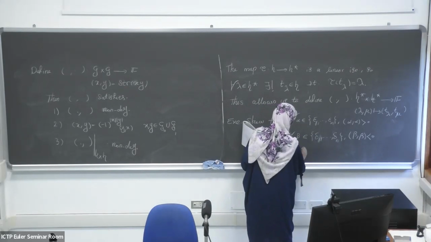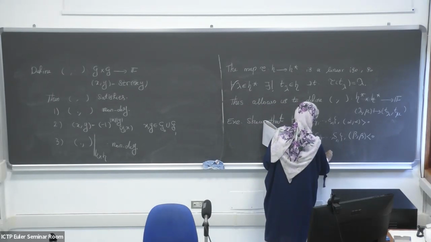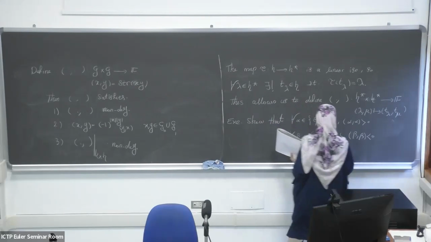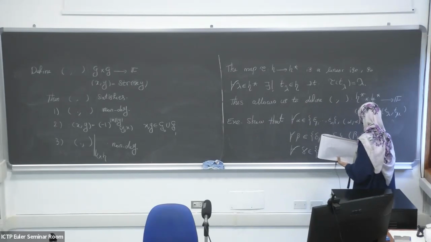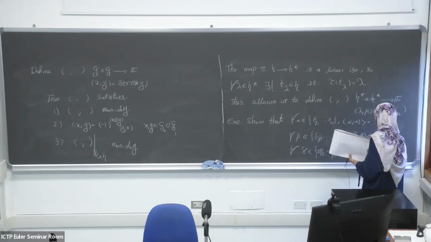For all gamma belonging to epsilon i, delta p, i between 1 and m, p between 1 and n, the form (gamma, gamma) is 0.